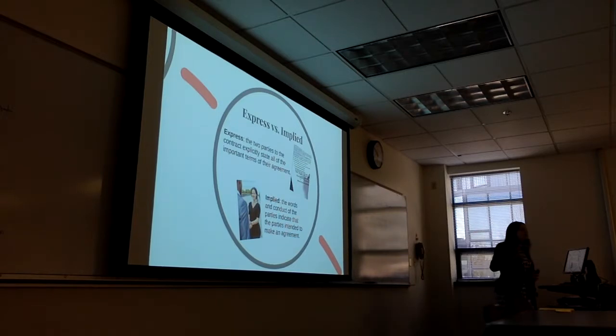I say, you come clean my house, I'll leave you $100 out on the counter, and that's something you do bi-weekly. We don't have anything in writing, it's not so formal, but if she goes and cleans up the house, that implies that she's willing to do that work. So express: is it stated clearly, is it more formal, versus implied? Do the actions seem to show that you indicated to have an agreement?